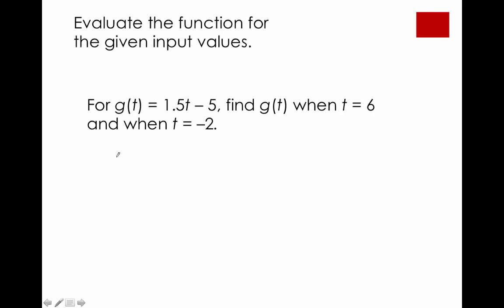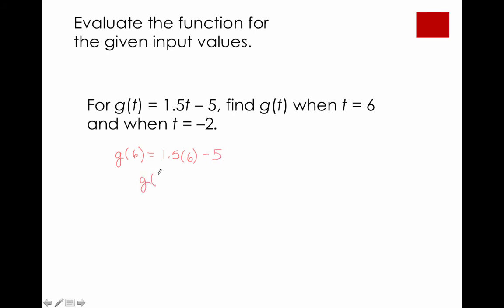What if I were to evaluate it? So I know my function g at some input value, and we're going to go with 6 first. What does that equal? Well, I would plug in for my t my input value of 6.